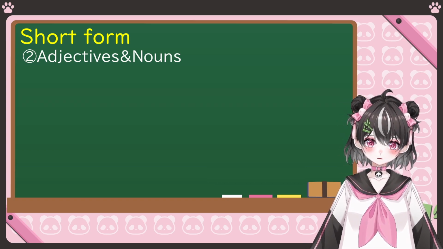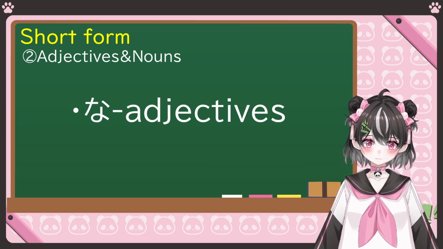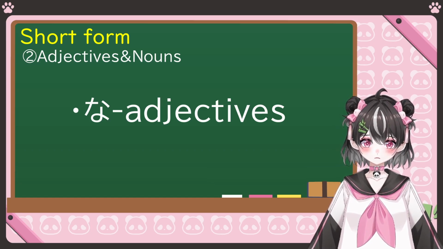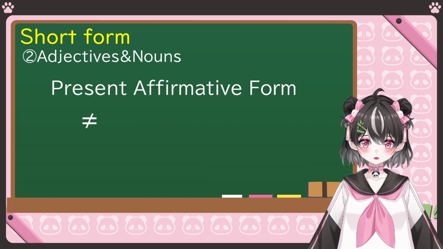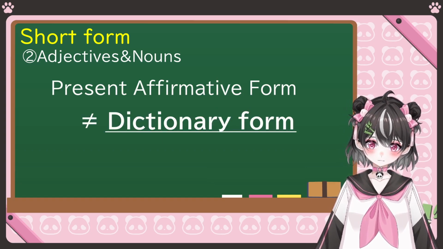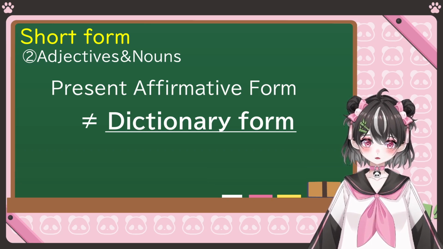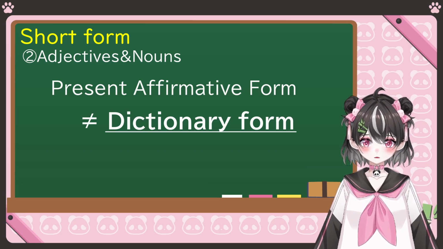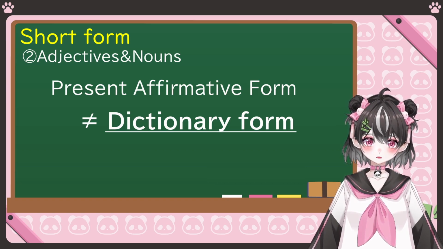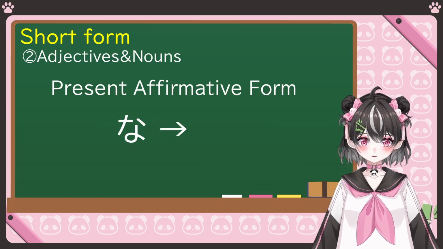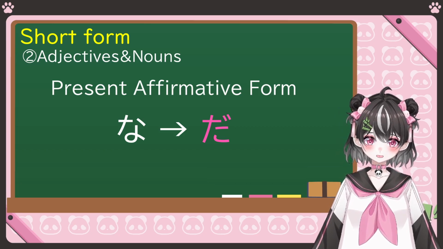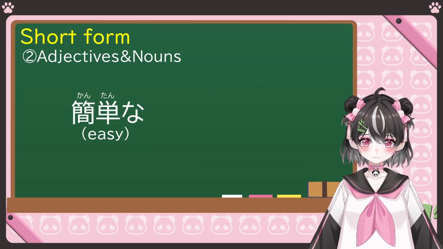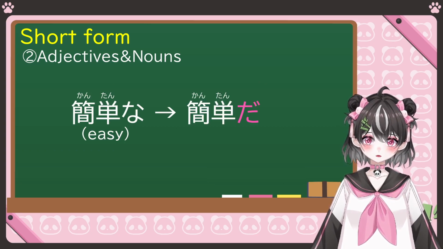Next, let's move on to na adjectives. Actually, the present affirmative form of na adjectives isn't the same as the dictionary form. To make the present affirmative short form of na adjectives, you need to change the final na to da. For example, 簡単な becomes 簡単だ.